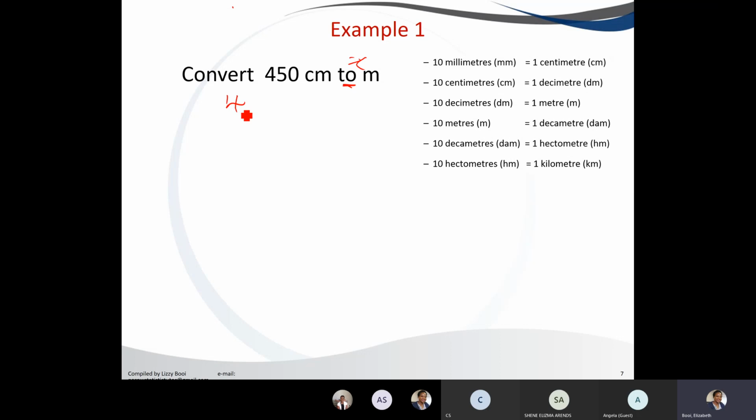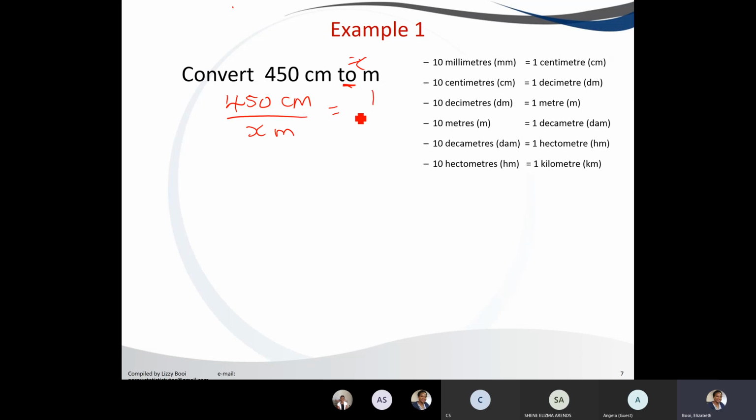So it will be 450 centimeters to X meters. And now we need to know how many centimeters.